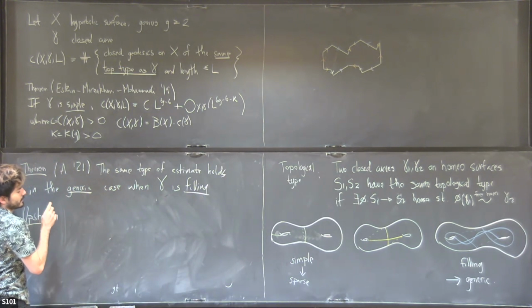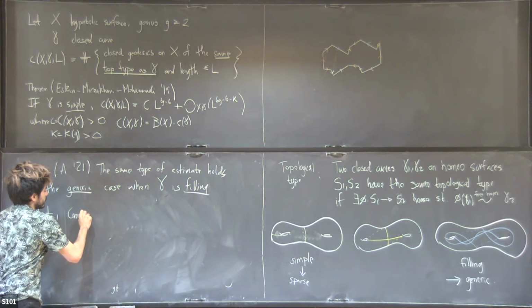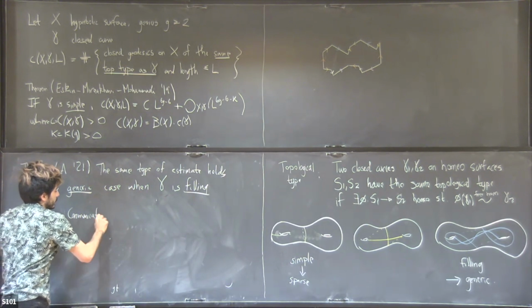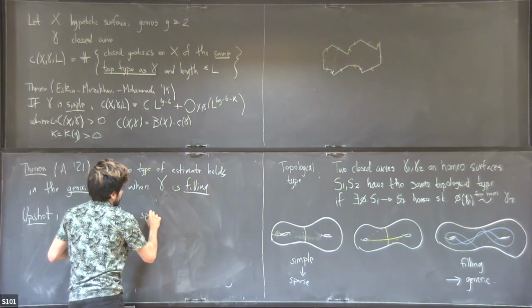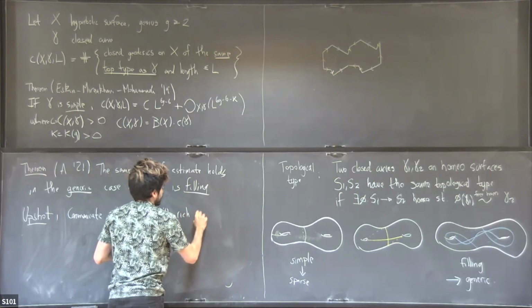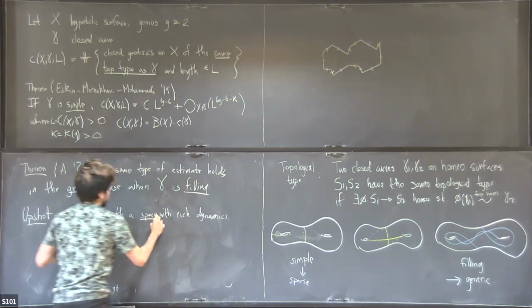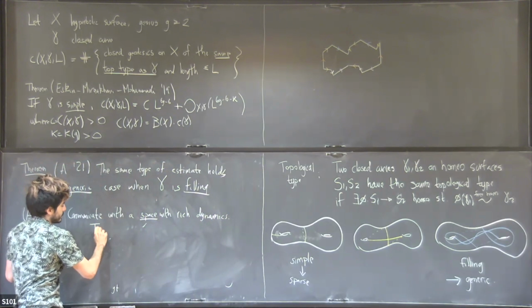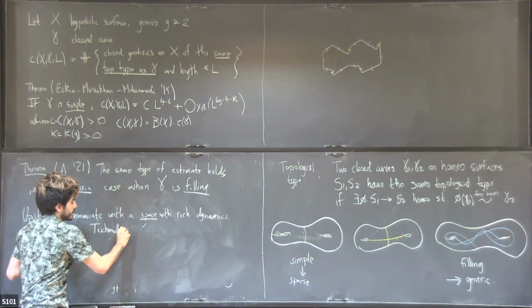But the main thing that you want to try to do is to communicate with a space with rich dynamics. And the space for us is going to be the Teichmüller space, or as Bill was calling it, the Fricke space.